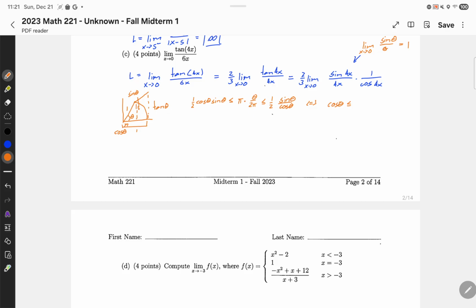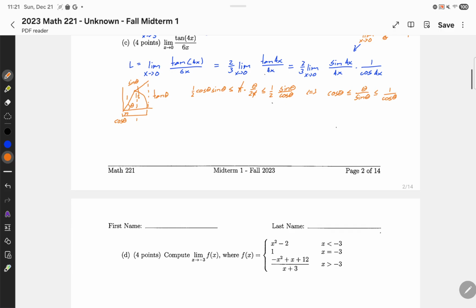This is going to be less than or equal to. These two pi's are going to cancel, and we're multiplying everything by 2, so that 2 is going to disappear, and we're also dividing by sine. I know that's a lot of steps, so feel free to write out more if you want. This is going to be theta over sine theta. This is going to be less than or equal to. We multiply by 2, divide by sine. This is 1 over cosine theta, just like this.